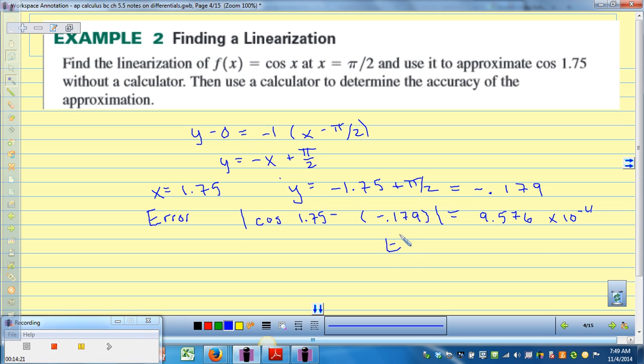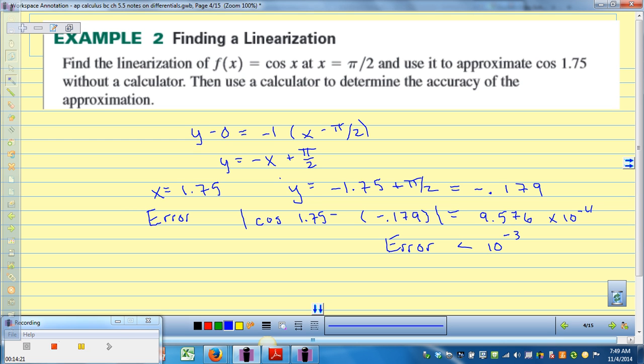So our error is guaranteed to be less than what? 10 to the negative 3. So, okay. All right. Questions on that one?